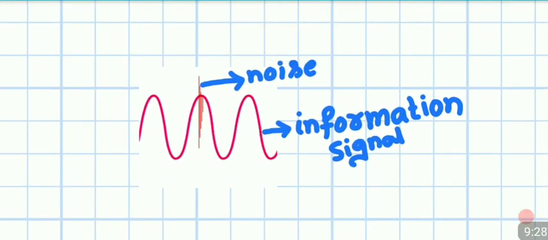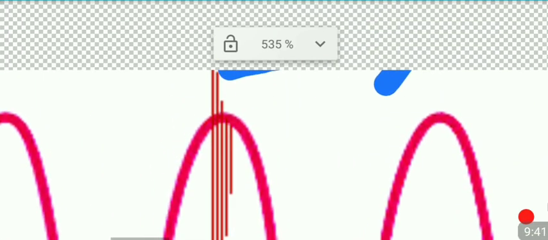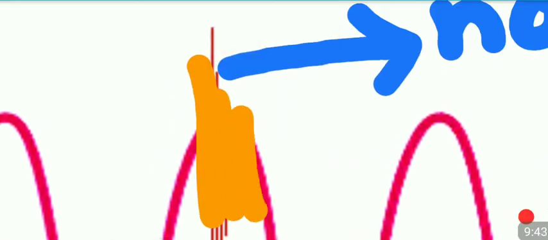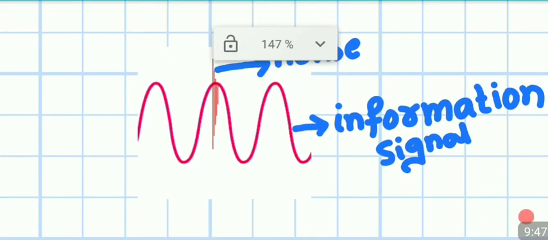In this picture you can observe that this is the sine wave we have. This is a modulating signal, or information signal, or important signal. Here you can observe that you have a disturbing signal. That disturbing signal is what I call noise. Any unwanted signal is what I call a noise signal.